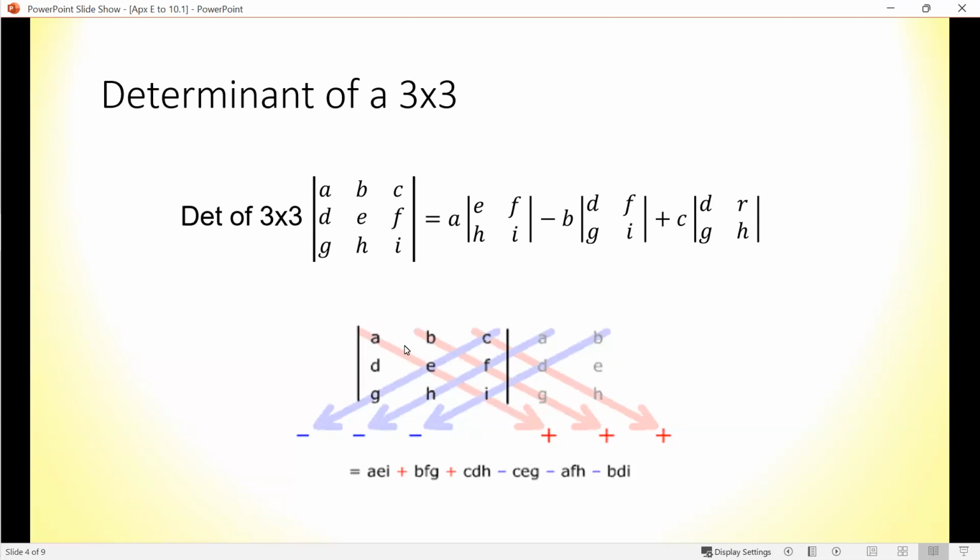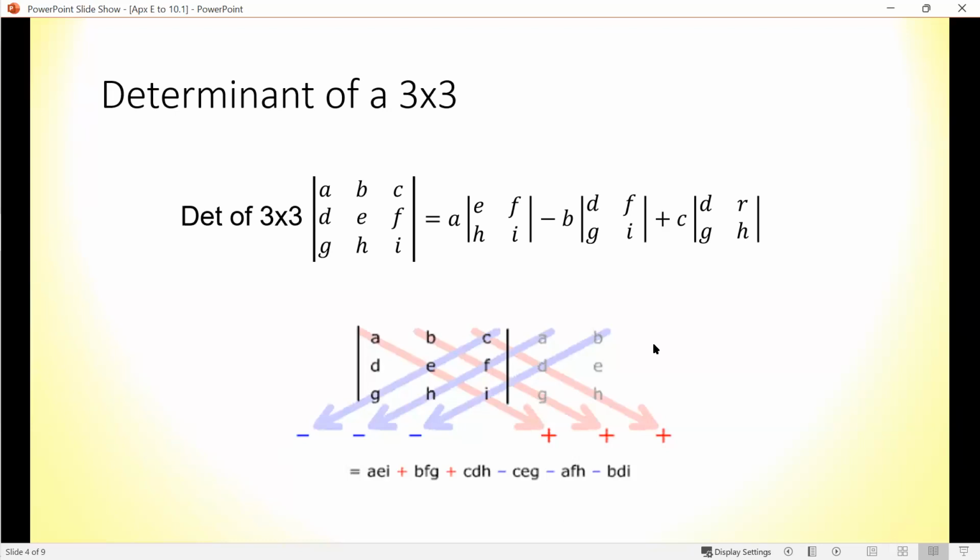We multiply all three terms along a diagonal, and that product is added, and we do that for each of the three diagonals. Then coming from the other direction, we multiply all three terms along each diagonal, and the products of those three things get subtracted. So we get three things that we add and three things that we subtract.